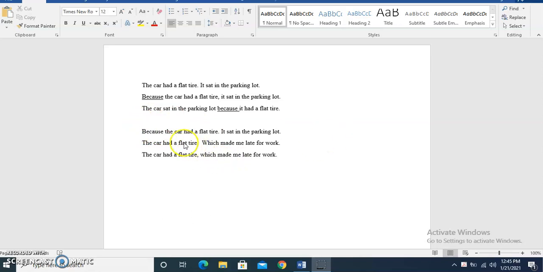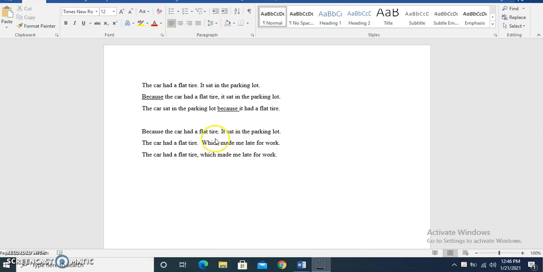So look at this example that I included below. The car had a flat tire, which made me late for work. I see this type of error a lot too. Here we have this subordinating conjunction which in the middle, but again, it's causing a problem. This which made me late for work doesn't make sense by itself.